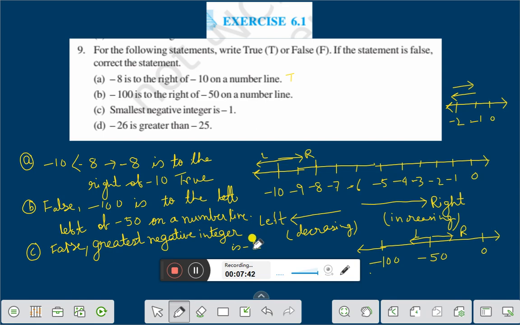It is the greatest negative integer because in this direction it is increasing, and in this direction it is decreasing. Right? That's why minus 1 is the greatest negative integer.